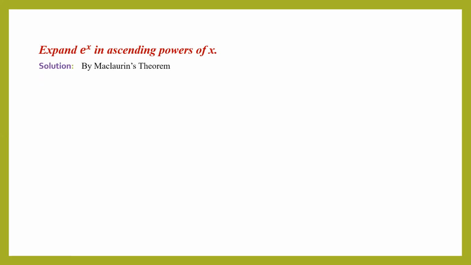So according to Maclaurin's theorem, f of x is f of 0 plus x f dash of 0 plus x square upon 2 factorial f double dash of 0 and so on. This time we have to find the expansion of e raised to x, so we'll treat this e raised to x as a function.